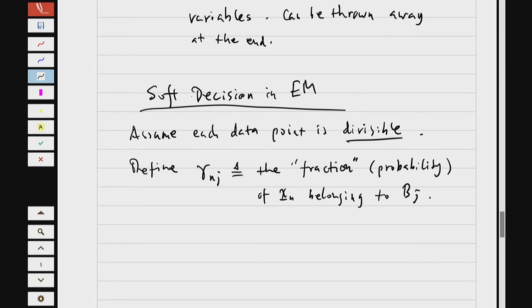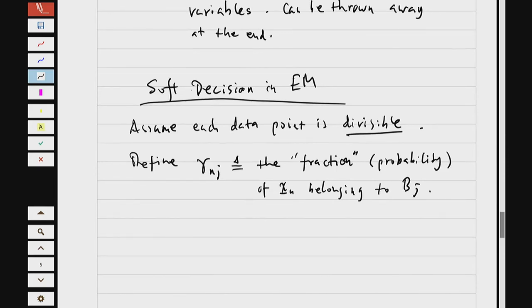You go into a kind of quantum physics type of argument about what we mean by probability, whether the cat is alive or dead or alive and dead at the same time. This is a fraction of whether it belongs to this case or belongs to that case.